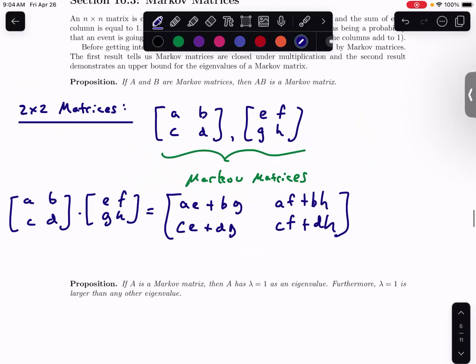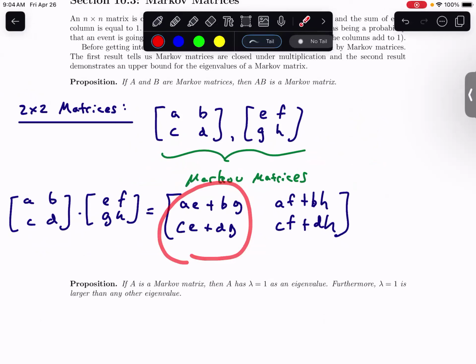What matters here is that each column adds to 1: the sum of the first 2 entries has to be 1, and the sum of the last 2 entries has to be 1 as well.